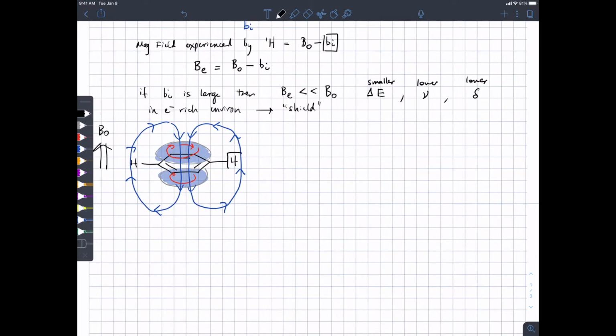So the field that this proton experiences is the external magnetic field plus the induced magnetic field. At that position, the proton experiences that induced magnetic field. Now, if you could put something on the face of the ring, you might expect it to be shielded, because the magnetic field at that point would oppose the external magnetic field.